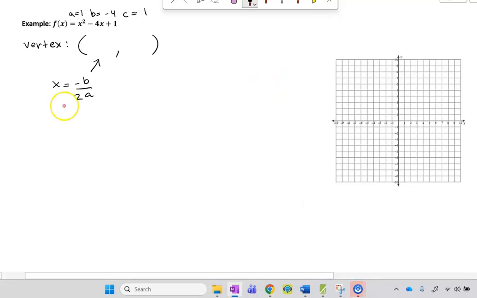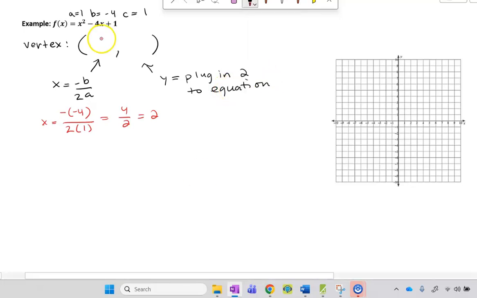So to get the x value of my vertex, I have -(-4) over 2 times 1. That's the x value of my vertex. And again, I'm just plugging in A and B. And I get +4 over 2, which is 2. My y value is going to be whatever I get when I plug in my x value, which is 2, to the equation.